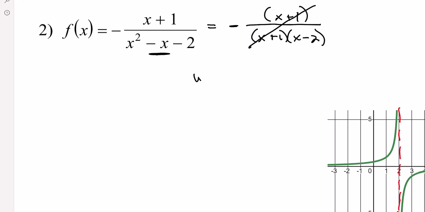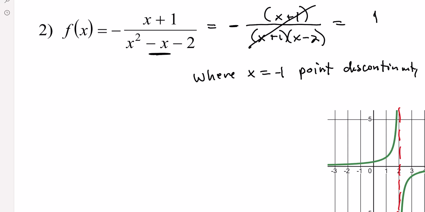So you would say where x equals the opposite of 1, which is -1, that is removable or point discontinuity. And then this is now going to be 1 over x subtract 2. The opposite of -2 is +2.